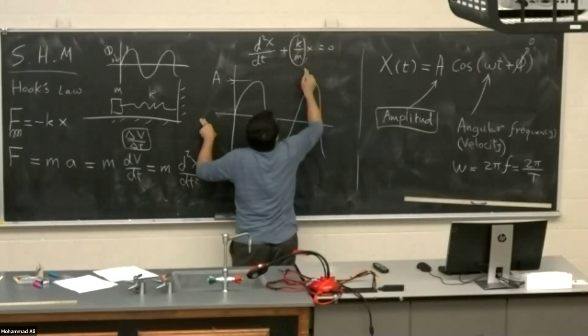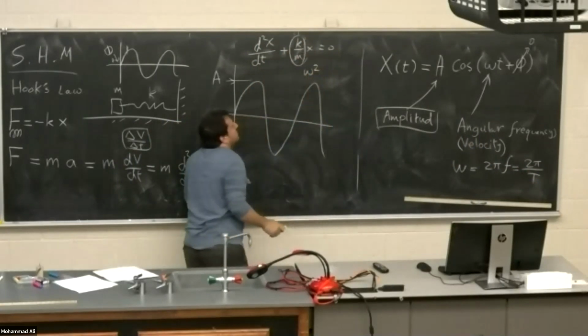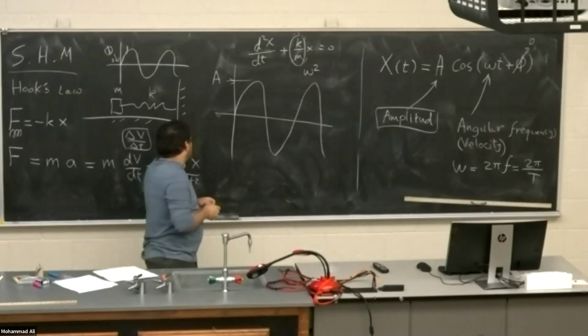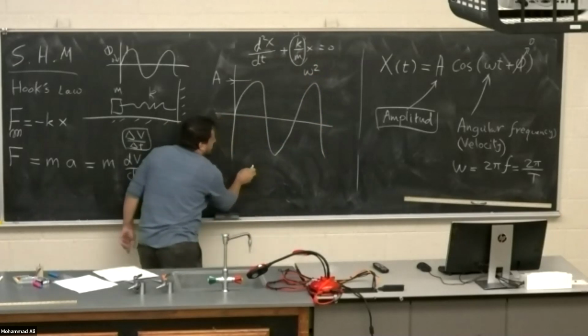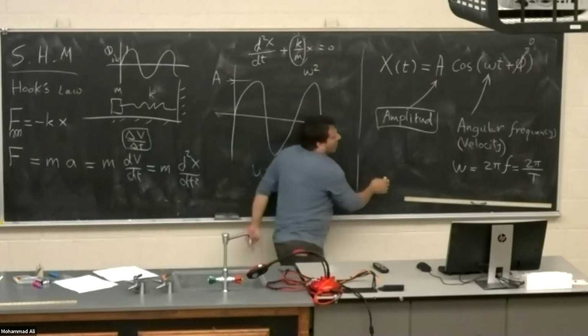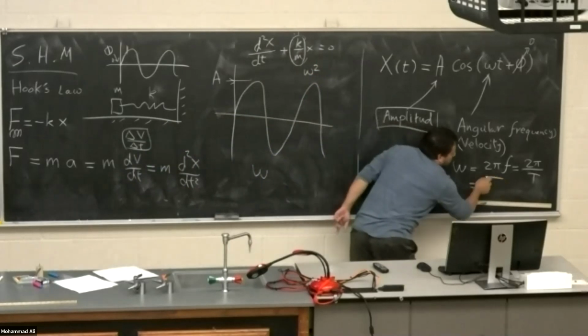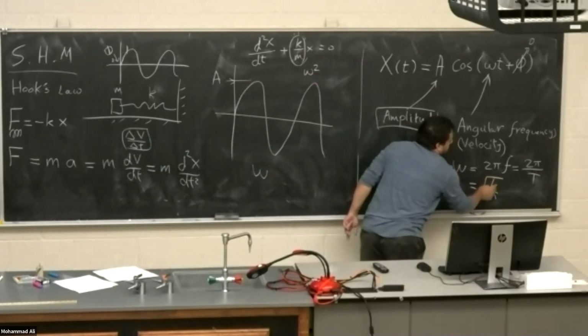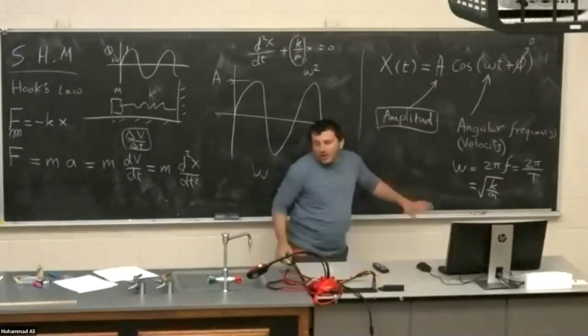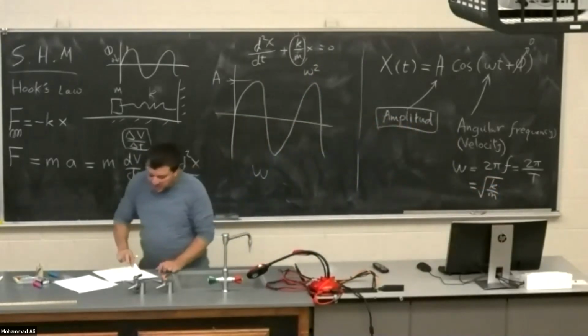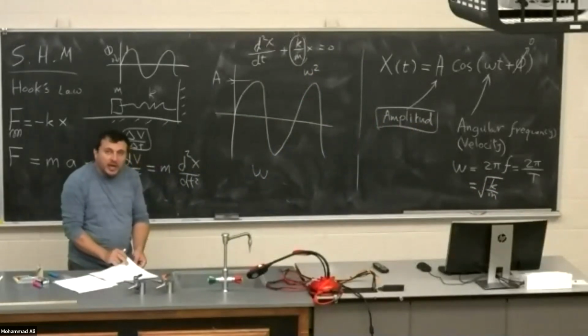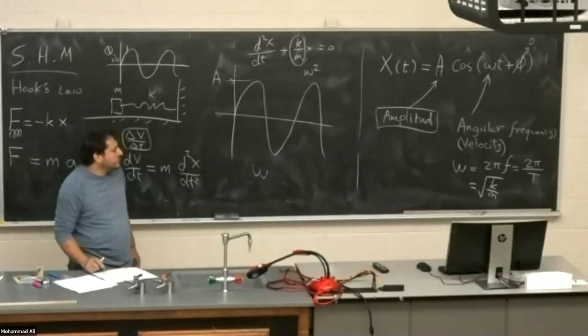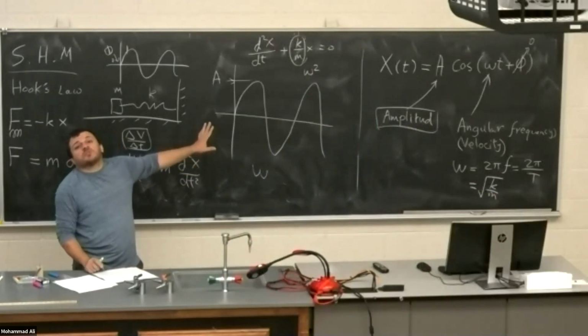This is omega squared from my relations. So omega is also equal to the square root of k over m. All are given in the next pages. You can see them in the table, and it is simple. This is for a spring system.